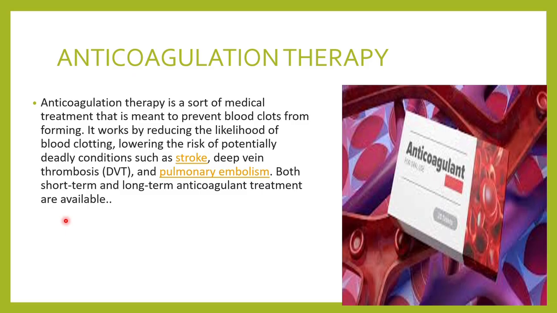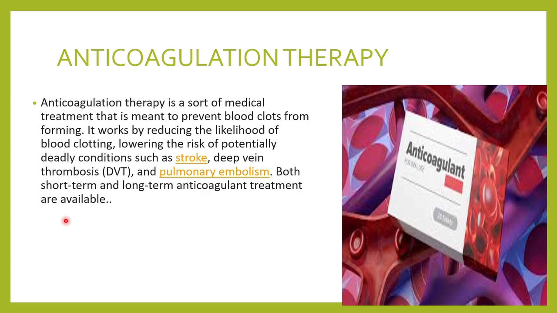Okay, so in deep vein thrombosis or in case of cardiac valves, etc., because of the friction, because of the injury, there is a chance of developing clots. So to avoid such clot formation and to prevent the risk of developing complications like stroke, gangrene, etc., doctors put them on these medicines.